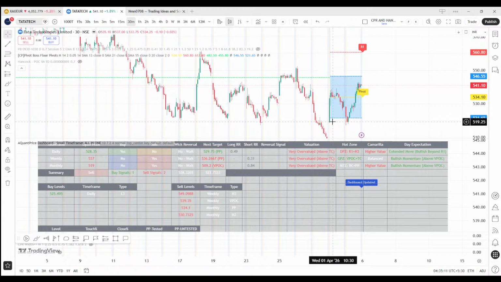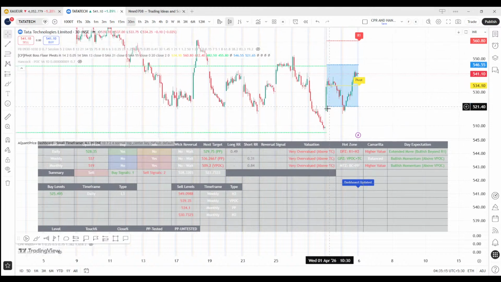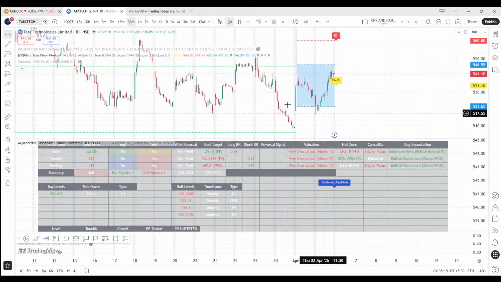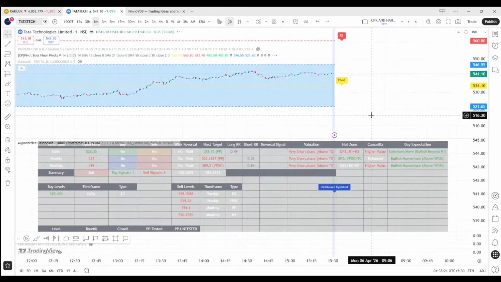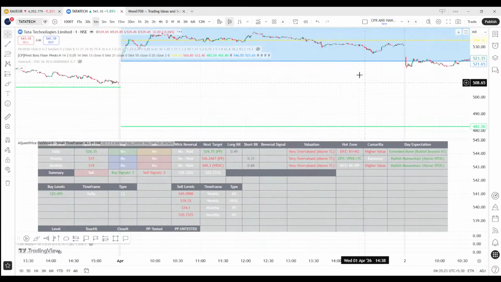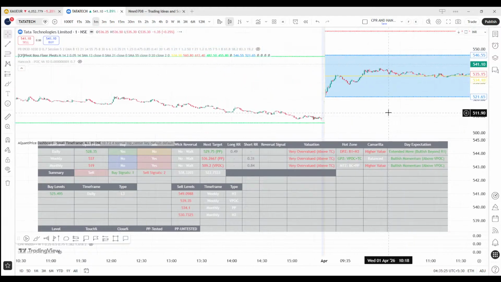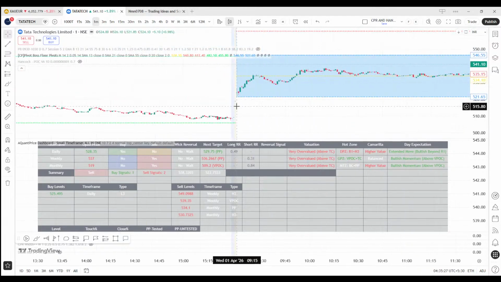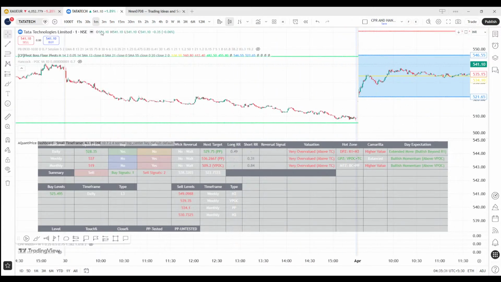it did manage to go one tick below, because as you can see, the opening was not, I guess the opening was outside the CPR. Yeah, the opening was below CPR, so it's a perfect sell.